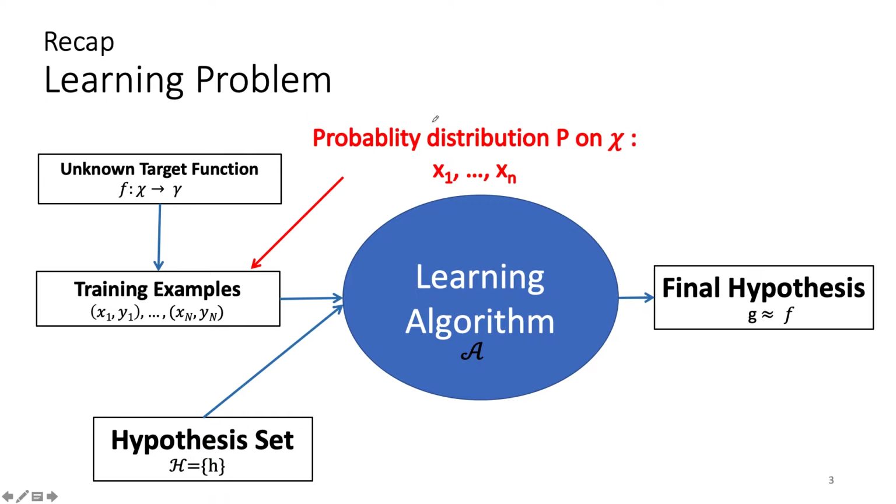The closest we can get to a real learning problem paradigm is this flow, where we apply some probability distribution on the way we pick those x's. And this is the bulk of the focus of these few lectures that we have.